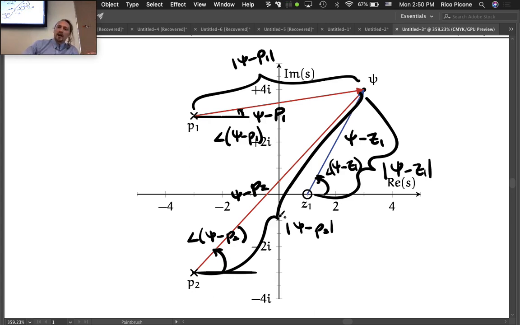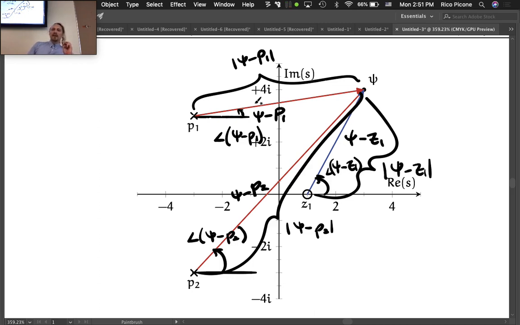And then the phase is just this phase minus this phase minus this phase. This geometric conception is going to really help us when we start to construct the root locus in a minute, because we're going to have the magnitude and the phase equal to certain things in order to meet the root locus criteria, right? The magnitude and phase criteria.